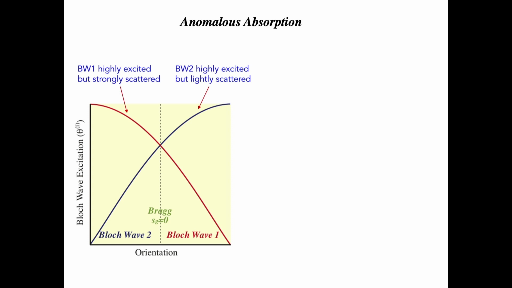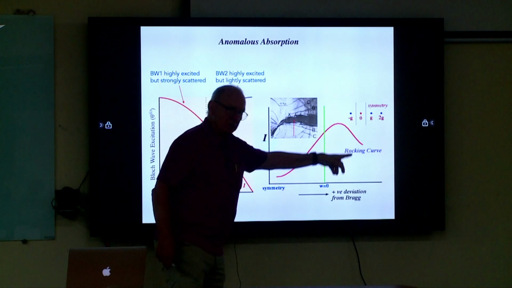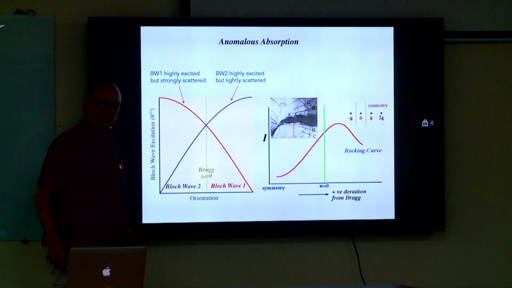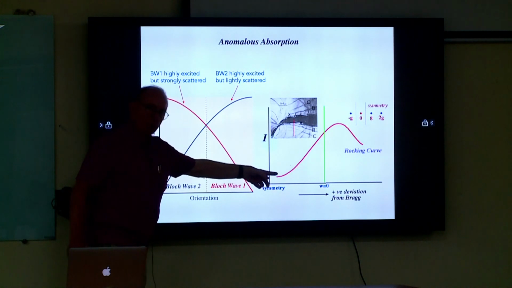So what does the overall rocking curve look like? Because this is going to be called a rocking curve now. And it looks like this. And I showed you that before, right? So do we understand that now in terms of the Bloch waves? Here we have low intensity in our rocking curve. Why?